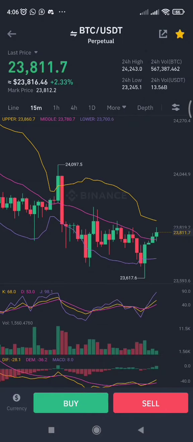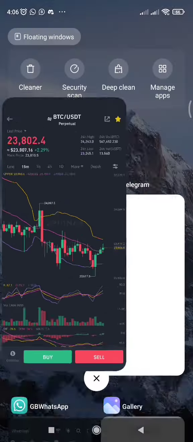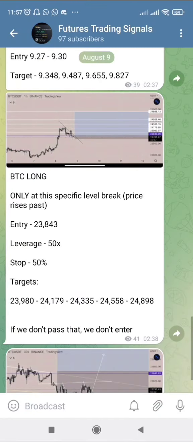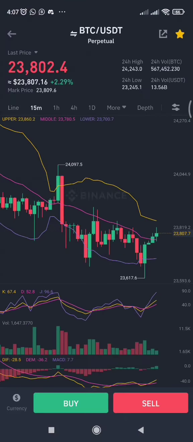All right, so it is open now. According to our signal, we are meant to buy long, and this is the entry price. Entry means the price at which you will go in. So 23,843. Now we are at 23,810.